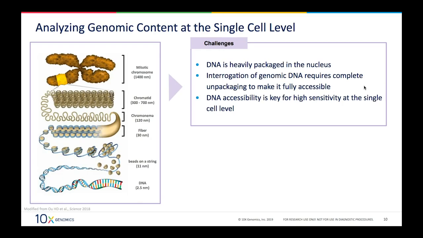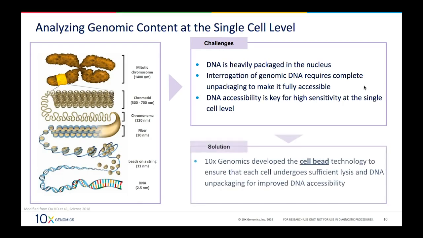So in order to solve this problem, 10x Genomics developed the cell bead technology. Using this technology, we make sure that each cell undergoes sufficient lysis and that the DNA is fully unpackaged before we go in with our molecular assays to study the DNA at the single cell level.